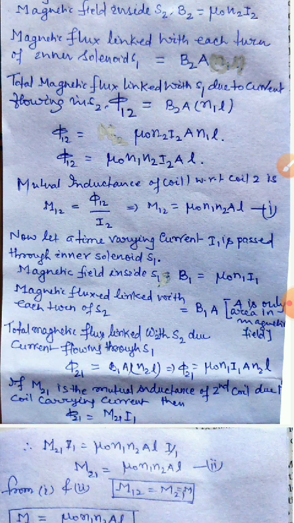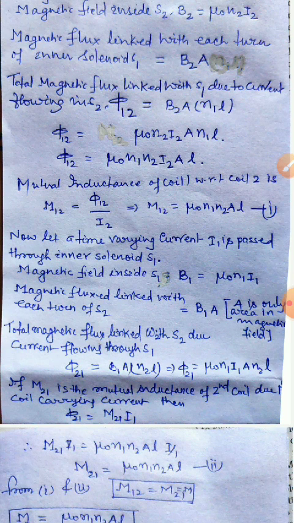Put the value, and we get M12, the mutual inductance of the pair of solenoids when current flows through the second solenoid. So we get M12; let it be equation 1.